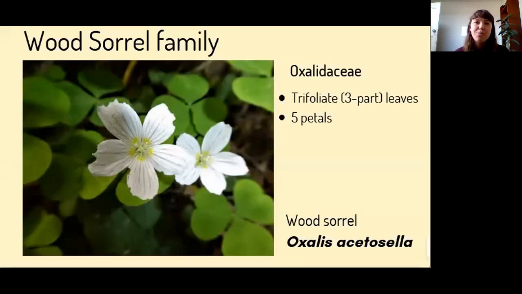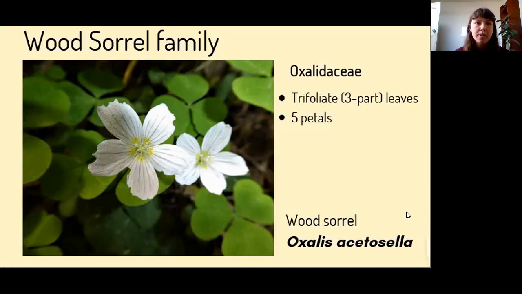Next up is the wood sorrel family. There are lots of introduced species from abroad that we grow in our gardens from this family, but there's only 3 native species in the UK that naturally will grow in the wild. And this species here is wood sorrel. It's a very delicate plant with a classic shaped flower with 5 petals.